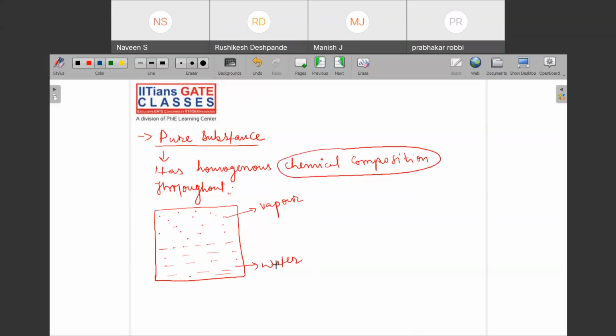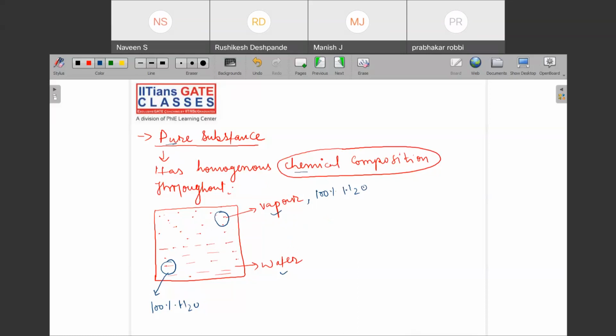So how do you check whether this is a pure substance or not? You will pick some amount of substance and try to identify its chemical composition. So what will be the chemical composition here? Nothing but 100% H2O only, the chemical formula of water. And what if you pick some amount from the vapor side? Again you will find that there is 100% H2O only, no other substance. Then can you say that although there are two phases, a liquid phase and a vapor phase, this is a pure substance?